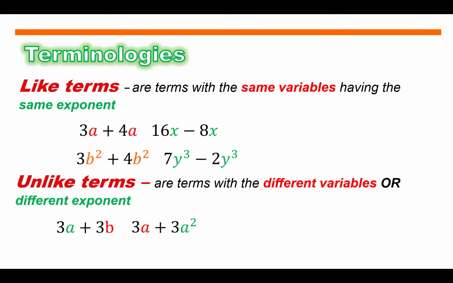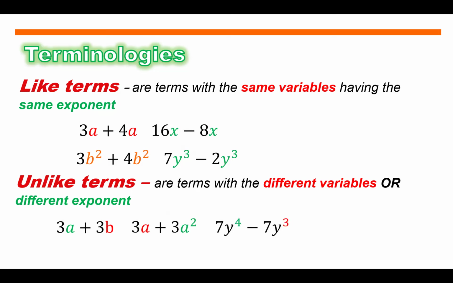So the same variable, but different exponent. One is 1 exponent, and the other one is 2 exponent. So same variables, but different exponents. So we call it also unlike terms.